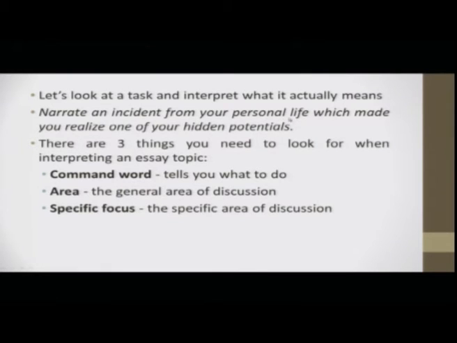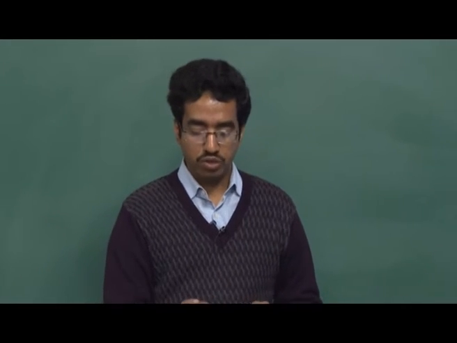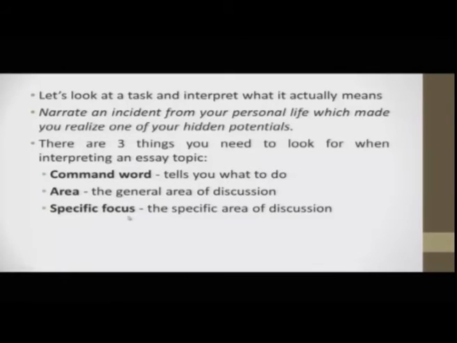So, this is the area, you can say here. Then it further moves on to specify what kind of an incident. So, this we call specific focus. So, the specific focus is an incident from personal life which made you realize one of your hidden potentials.